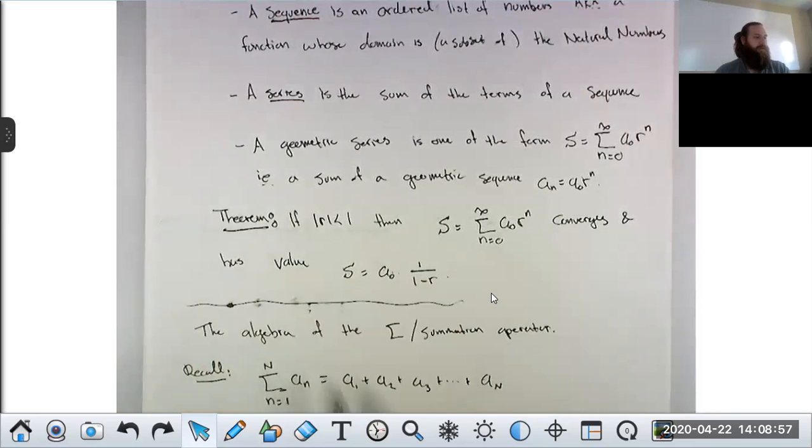So this summation operator, the sigma operator, is really a shorthand for this addition problem.